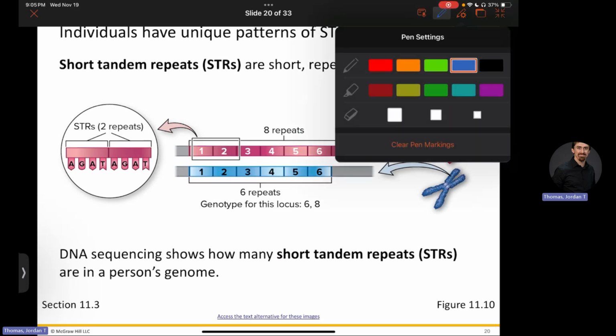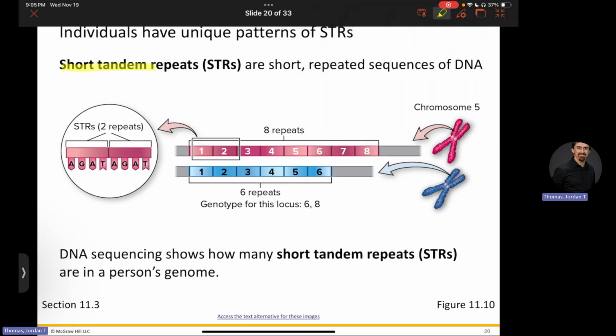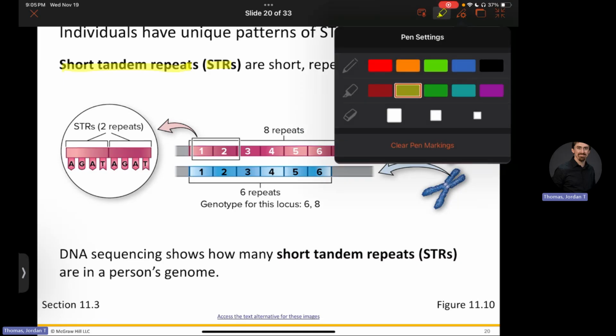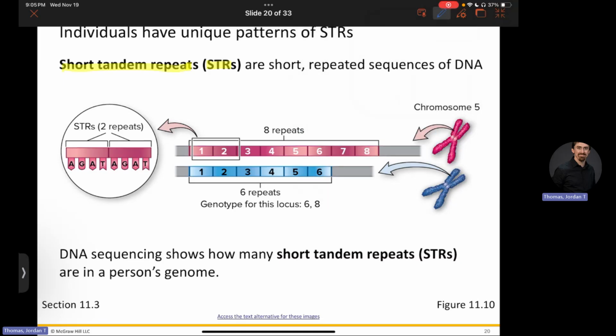We also look at short tandem repeats, or STRs. These are short repeated sequences in DNA. And we see two samples here. In the pink, these numbers, 1, 2, 3, 4, and so forth, are the short tandem repeats. In the top one, we have 8 repeats.